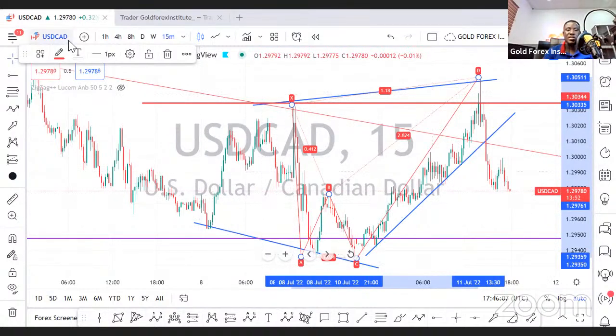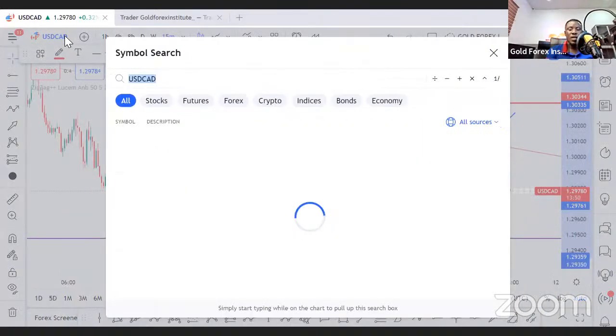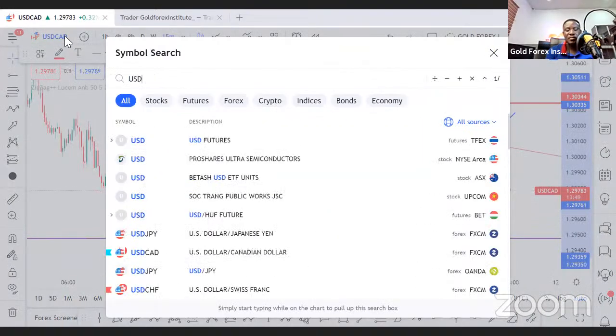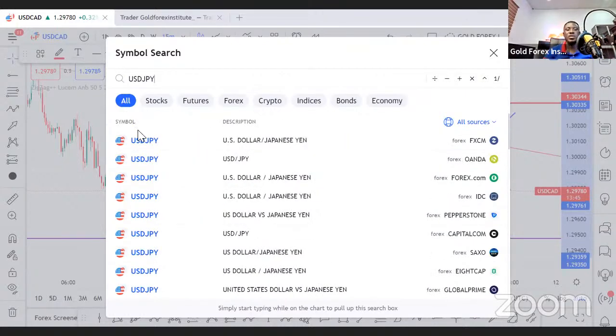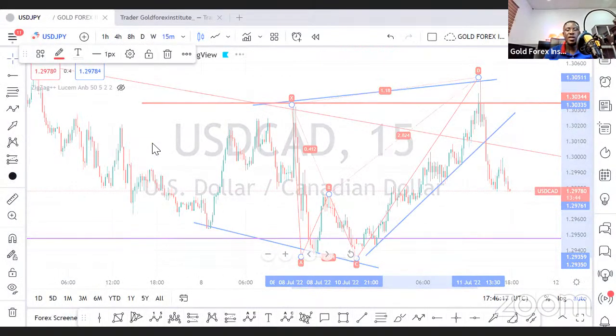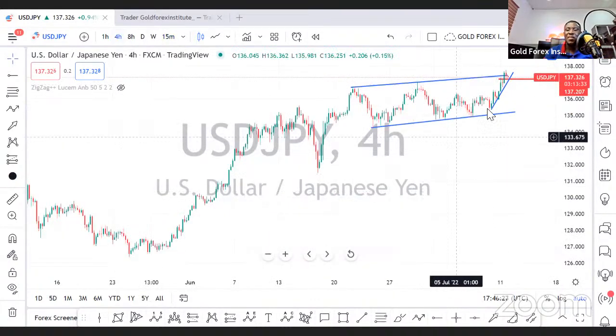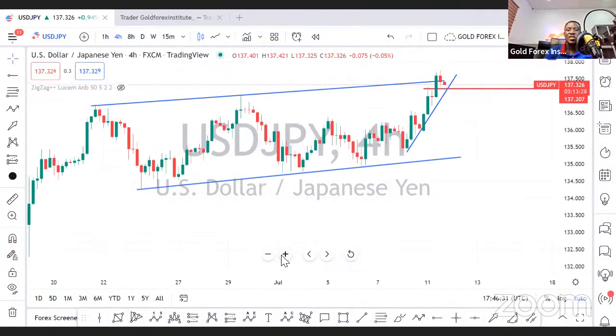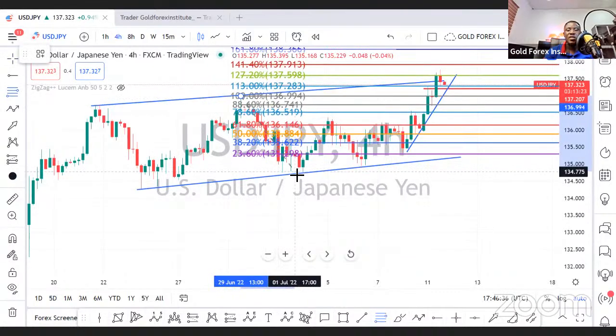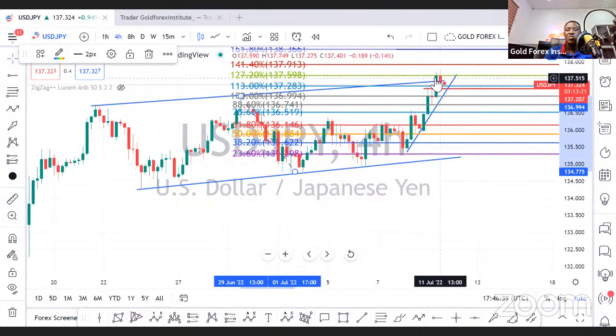Okay, now let's look at UJ. I told you I'm still expecting JPY to be strong and USD to be a little bit weak. Now, there is something I saw. We caught the buy trade to this level. This was the entry. The 1.272 is called a Nesta pattern.